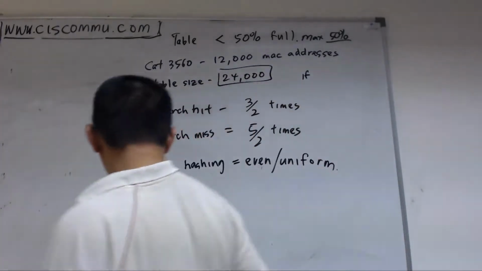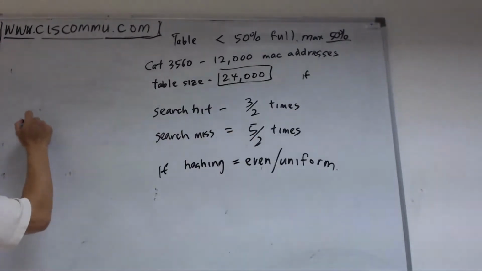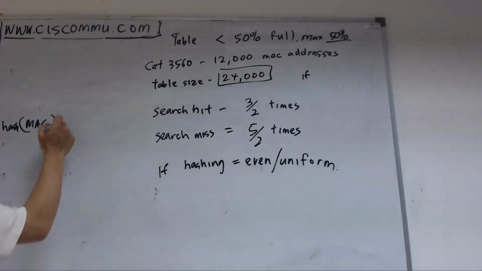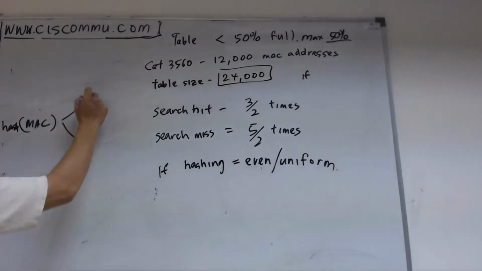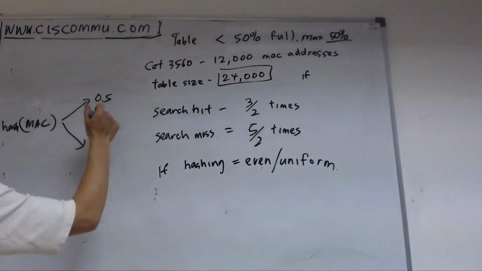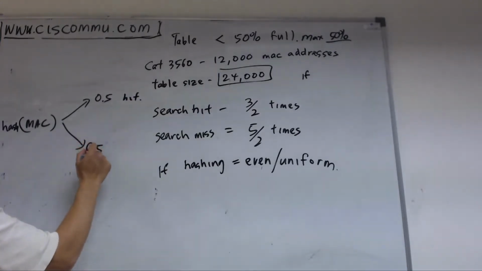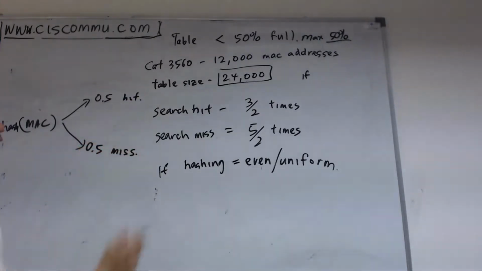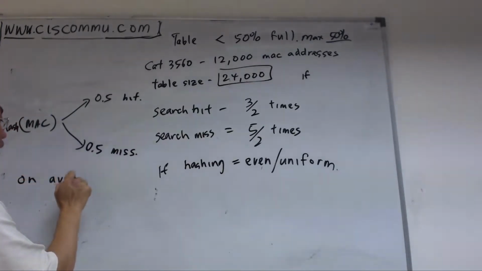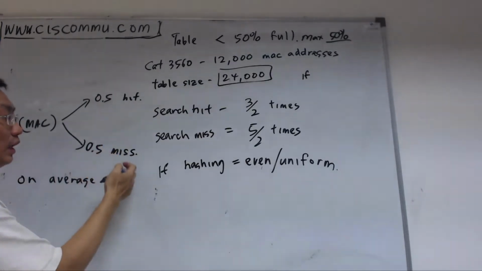Alright. So what I say means is like this, that you have a MAC address. When you hash it, there's two possibilities. 0.5 times the chance is that you get a hit. Another 0.5 times you get a miss. Alright? So on average, you will hit. If you get a miss, you need to put it in another entry.